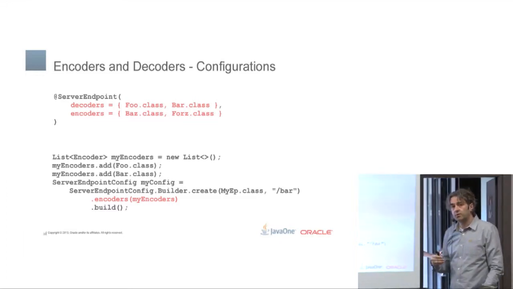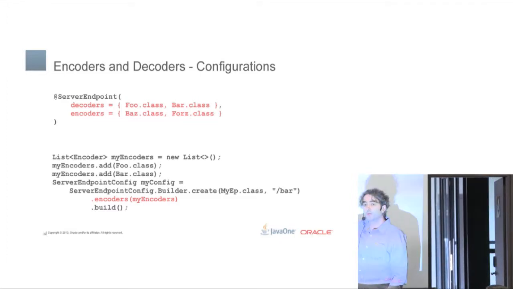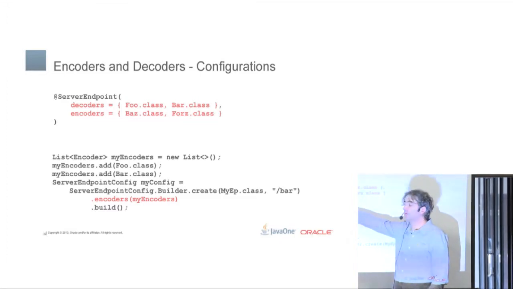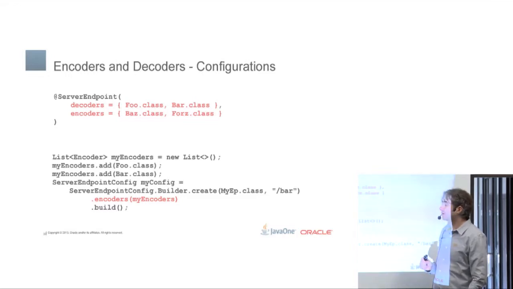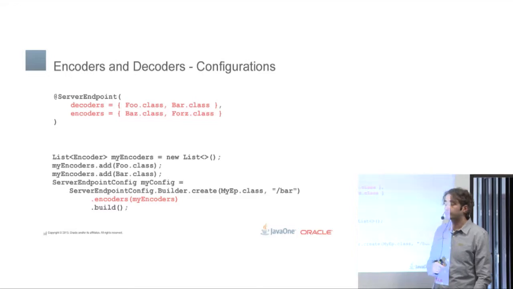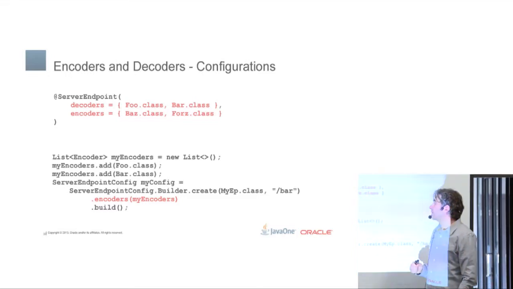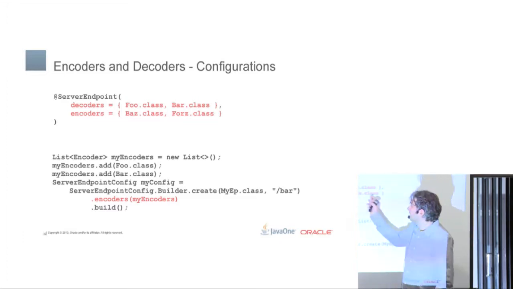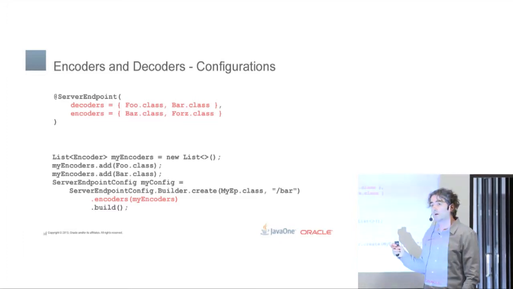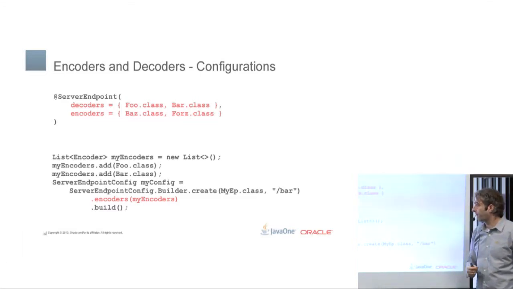If I want to attach them to my endpoint, I just need to use, in my ServerEndpoint annotation, the decoders parameter with the classes of all the decoders I want to use, and the encoders I want to use. The order in which you attach them is the order in which they will be invoked. So the first decoder's willDecode method will be invoked, it returns a false, the next one will be invoked, and so on.